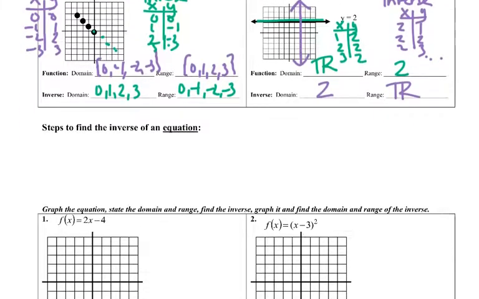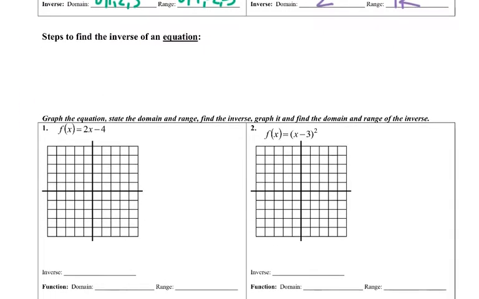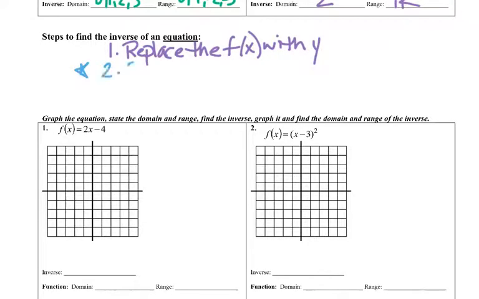So now we're going to talk about any equation or any function, how we're going to solve for the inverse. The first thing we're going to do is replace the f of x with y, which we're more comfortable with anyway, right? Then our main step for inverse is going to be switch the x and the y.